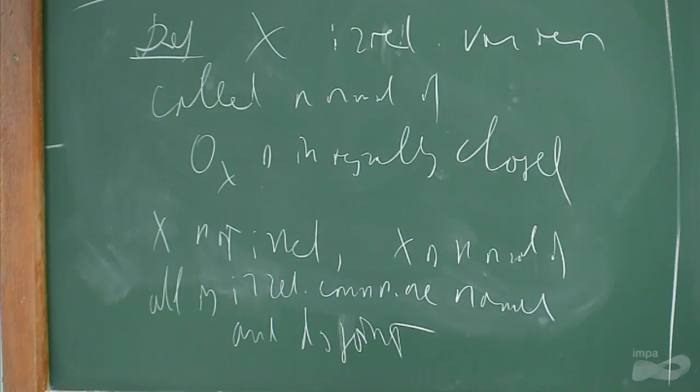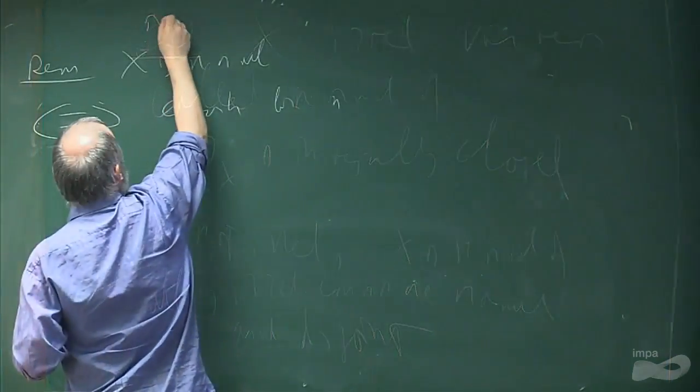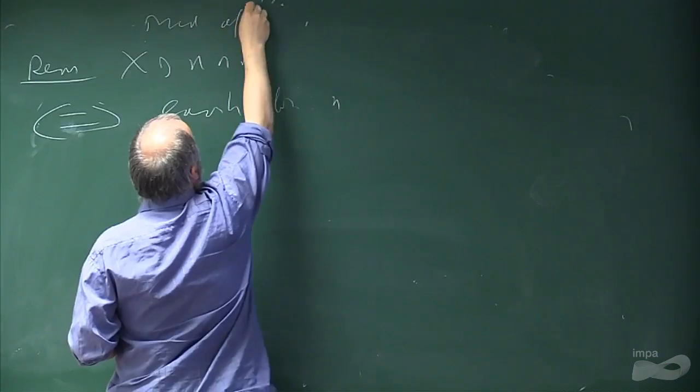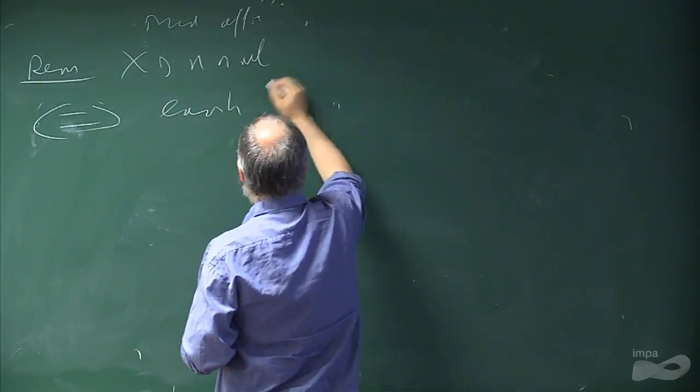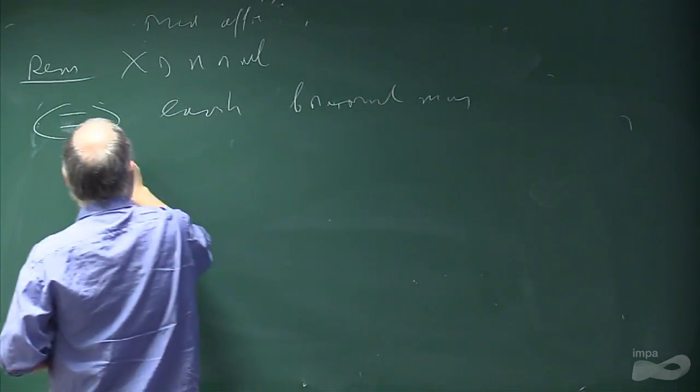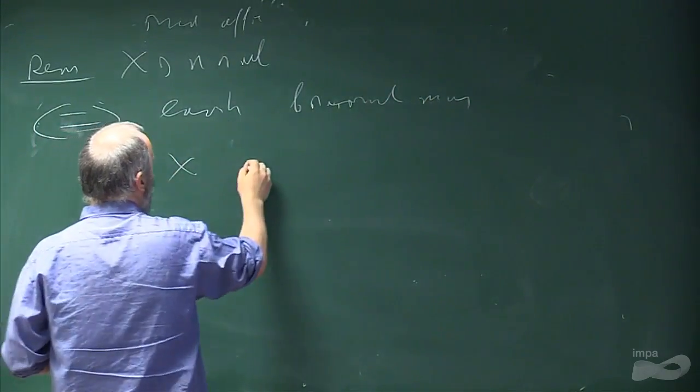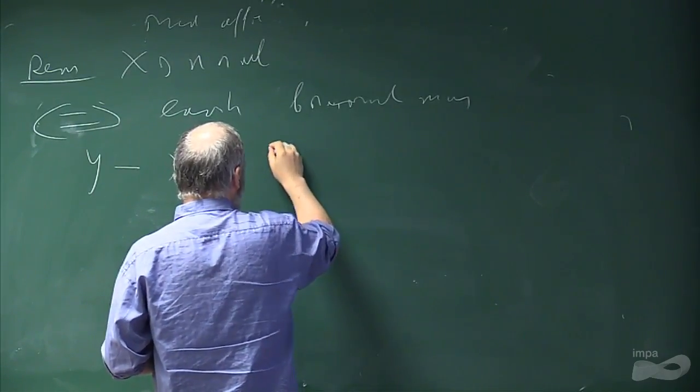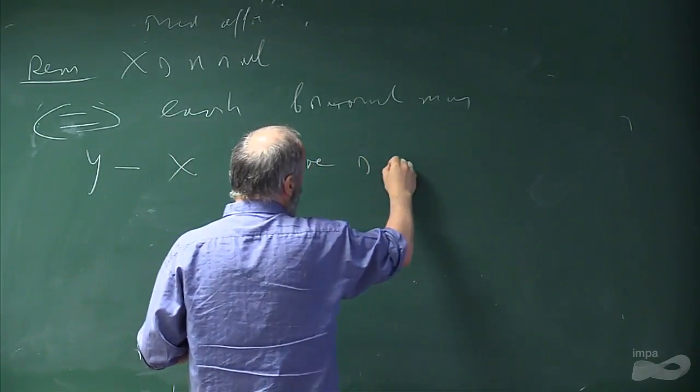Okay, so we have another geometric equivalent remark. X is normal if and only if each birational map Y to X, which is finite, is an isomorphism.